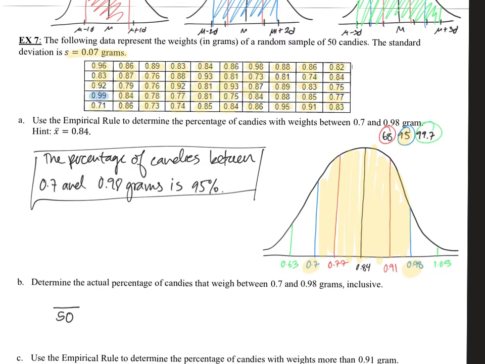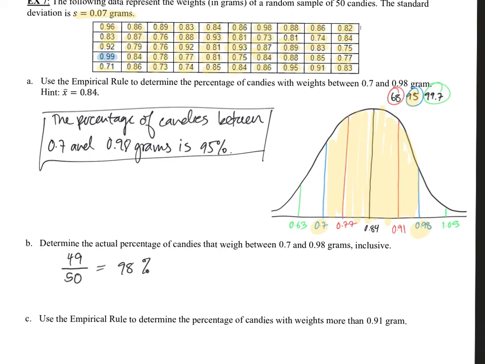Alright, so I marked this up with the values that are between 0.7 and 0.98 inclusive, and the only one that is not is the 0.99, which means that 49 out of the 50 are between 0.7 and 0.98. So calculating this out, what do we get? About 98%. Okay, so when we use the empirical rule, we were close, but not exactly right. This is the actual percentage of candies when you count out each of the values.